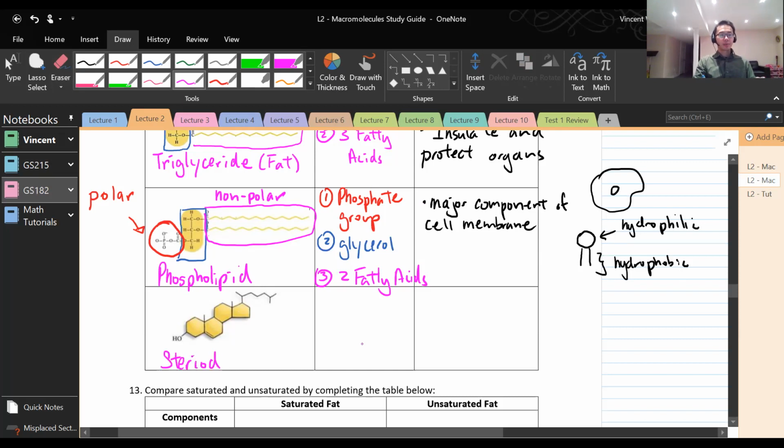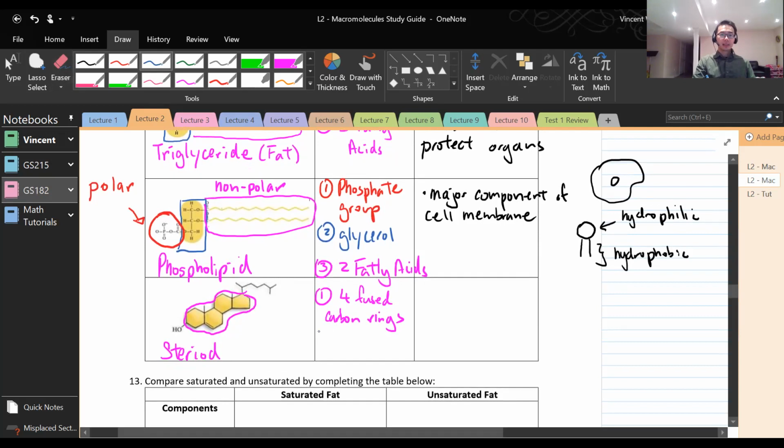So a steroid molecule has these rings. We call them carbon rings. So 4 fused carbon rings. And so if I show you a picture of this, you see 4 fused carbon rings, you know we're talking about steroids.